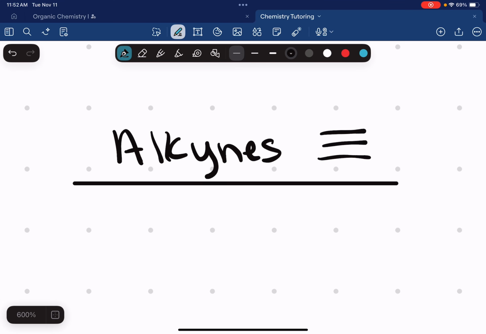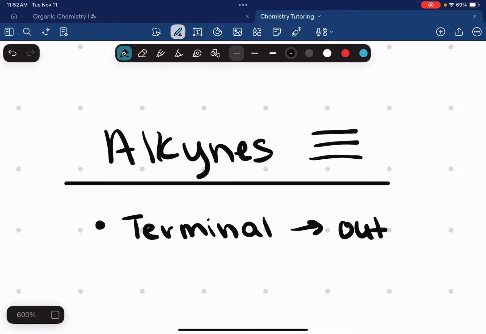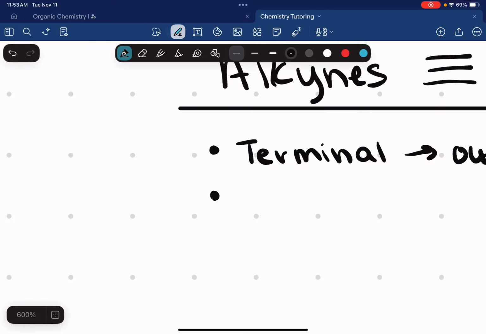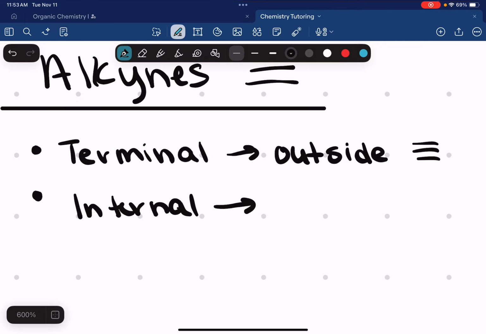So terminal means the triple bond is outside. And then you've got internal, which kind of makes sense. I guess it's going to be inside.